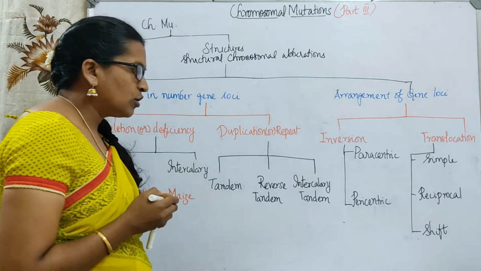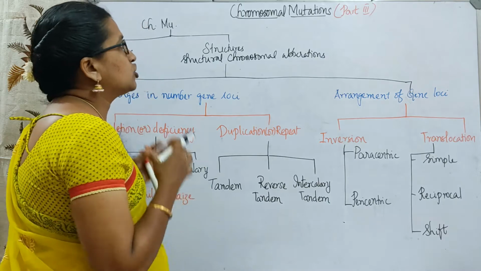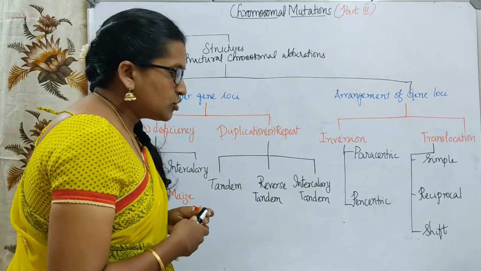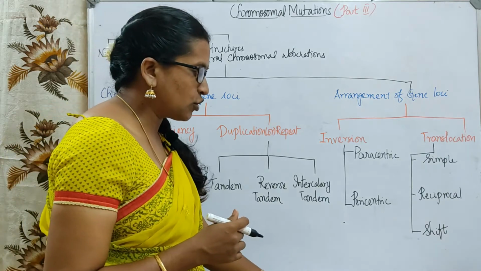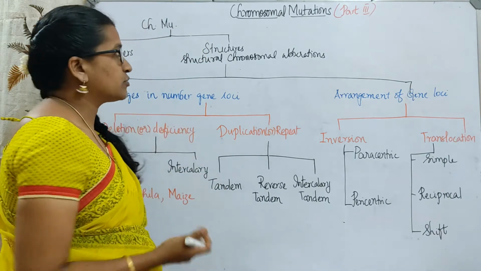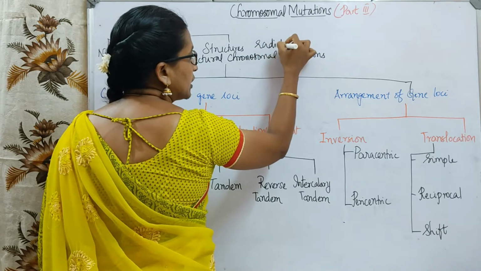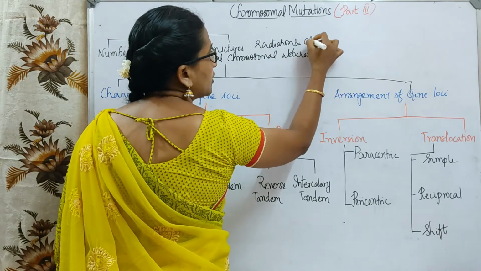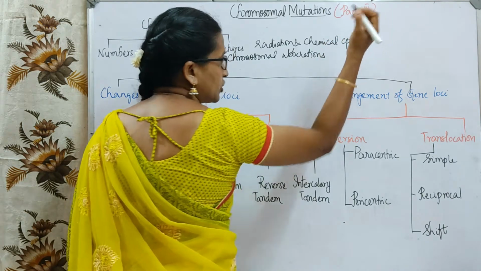Lots of chemical compounds, ionizing compounds and radiations, both radiations and chemical compounds, cause these mutations.